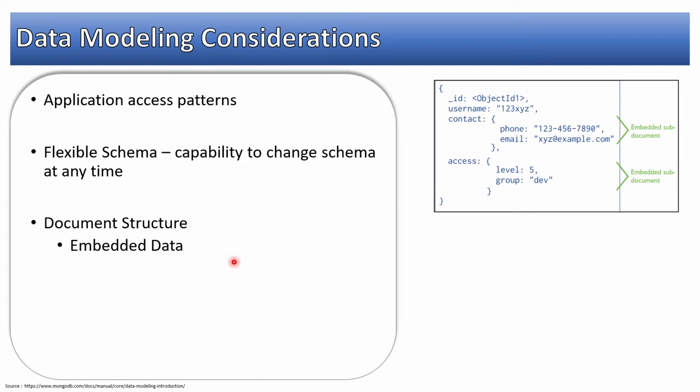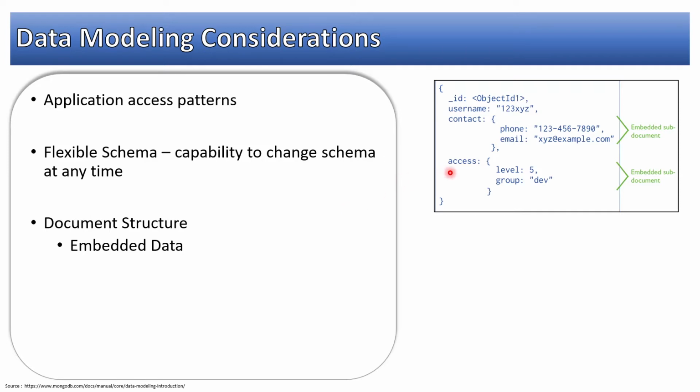So here embedding data means that we have a main document and we want to include the sub document, right? Again, nested JSON, you can say that this represents a nested JSON. We want to store this information within the main document. That is called embedding.